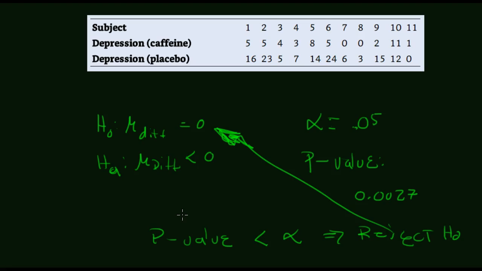If the H null is assumed to be 0, then we should be rejecting it here. So we're going to reject H null. Our claim that these people are just the same on caffeine is problematic. The reality is that the caffeine pill is doing something here, that it's not 0, it's definitely less than 0 as the mean difference.